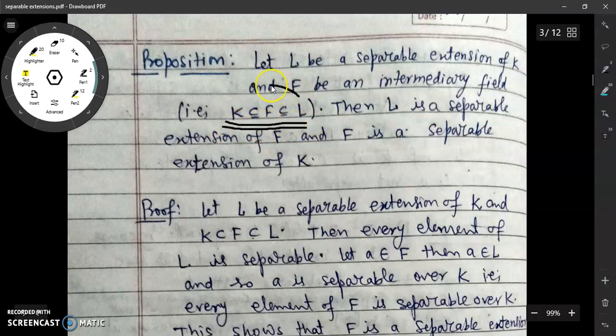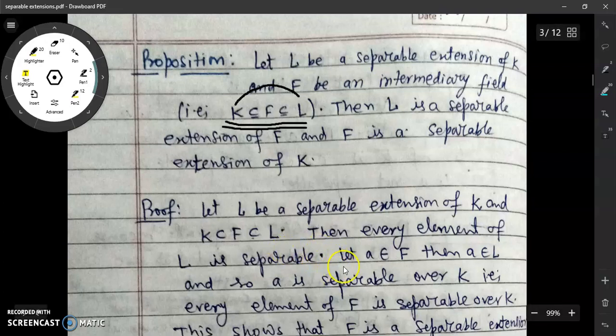Now, if L is separable over K, then L will be separable over F and F will be separable over K. First we wish to prove that F is separable over K, and then we try to prove that L is separable over F. To prove that F is separable over K, it is sufficient to prove that every element of F is separable over K. This is the definition of a separable extension.